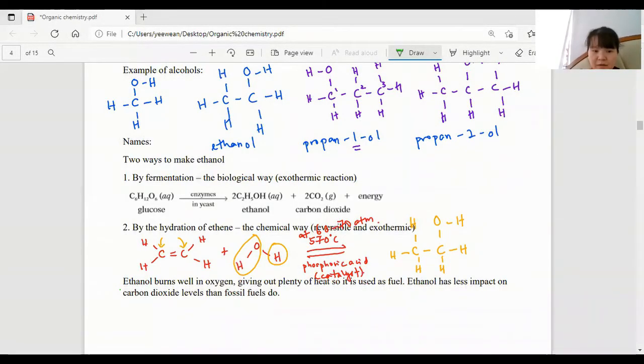Ethanol is a pretty good fuel. So we can write the combustion equation here. And ethanol is good as a fuel because it has less impact on carbon dioxide levels compared to fossil fuels. So let's balance this. There's 2 carbons here, so 2 moles of carbon dioxide and water.